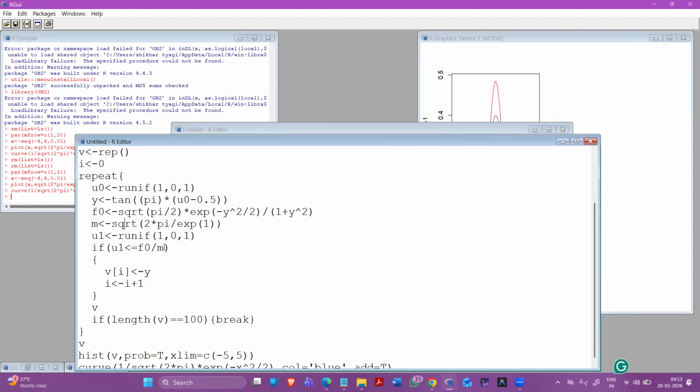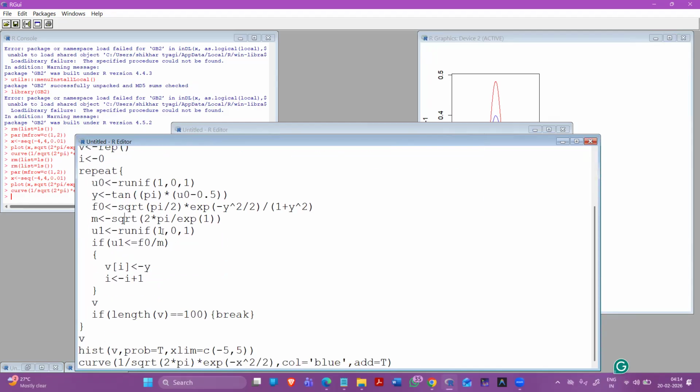If this is satisfied, I will take yi equal to my y, whatever the y I am taking, and that should be stored in v, and I equals I plus 1, because I am going to generate 100 values here. Otherwise, if this condition is not fulfilled, it should break and again start to generate the random values.